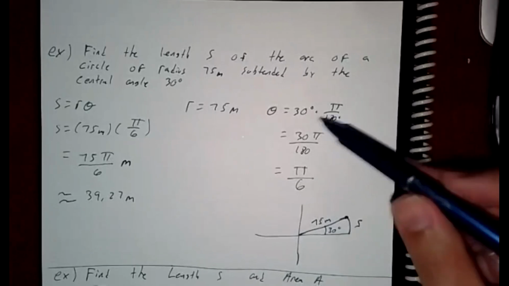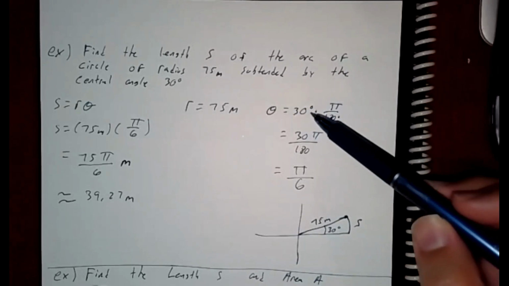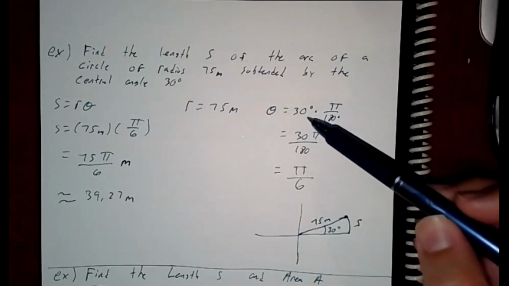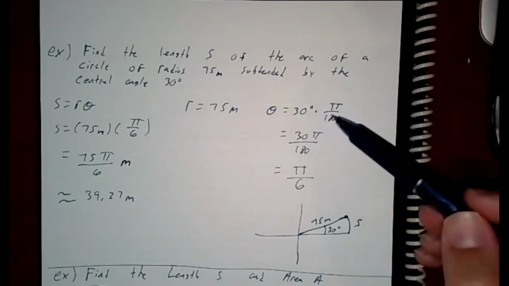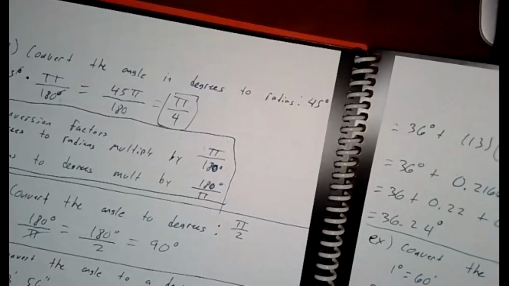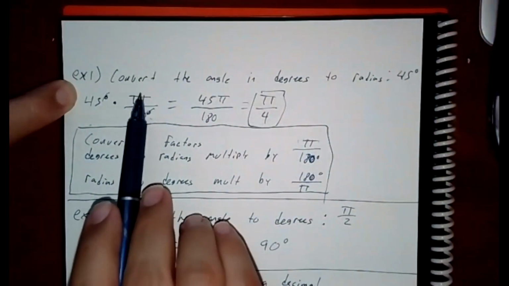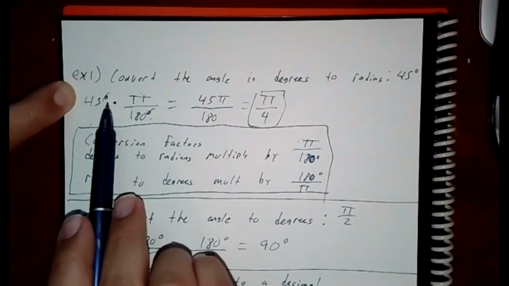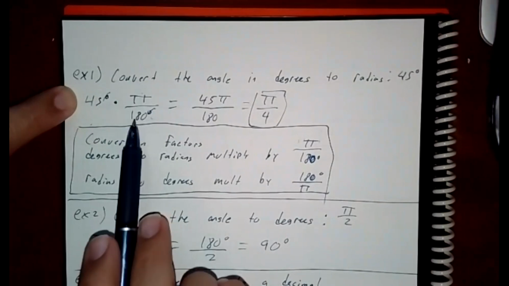Oh, sure. Oh, before we get there. Sorry, someone asked a question about theta. So 30 degrees must be converted into radians before we use it. So what you do is you multiply by the conversion factor. So it's very similar to example 1 over here. You remember? So 45 degrees, you always multiply by pi over 180 if the degrees is on top. So if I'm going from degrees to radians, this is what you multiply every single time.